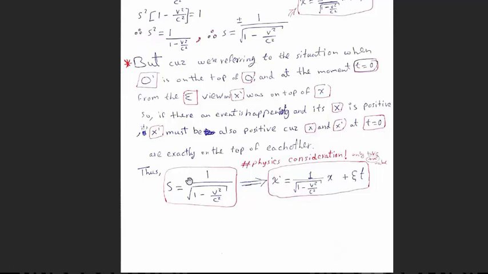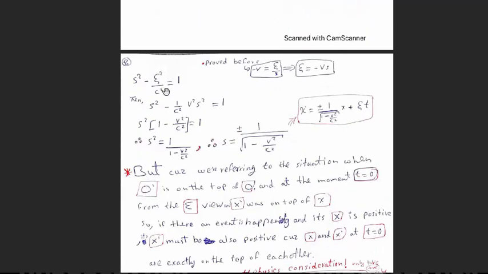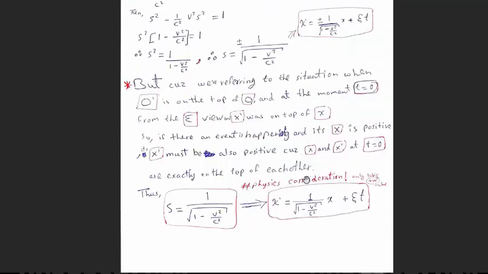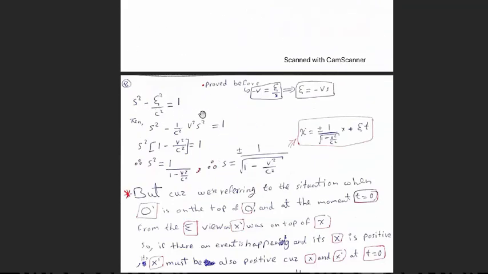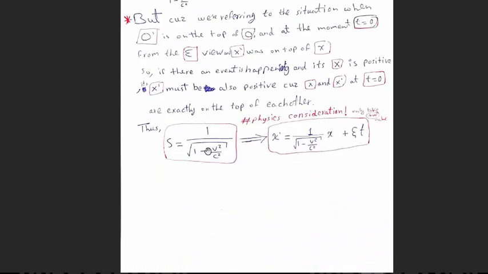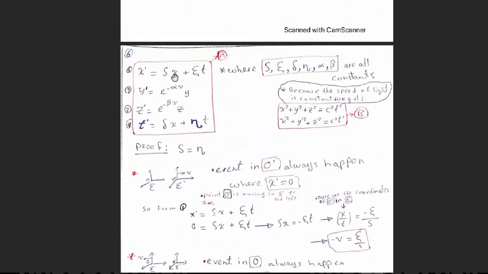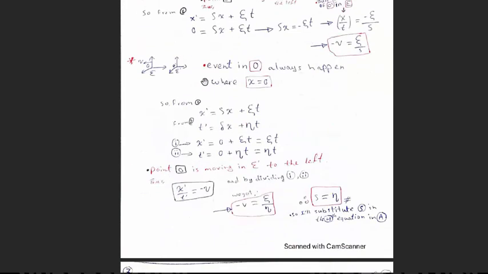When we substitute the new value of s that we got right now in this equation, we get 1 over the square root of 1 minus v squared over c squared, times x plus epsilon t.